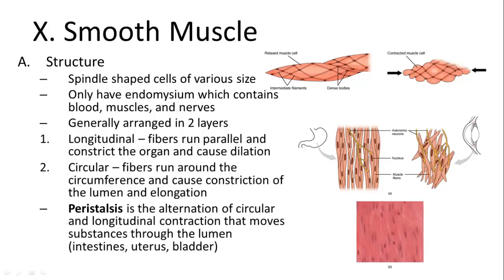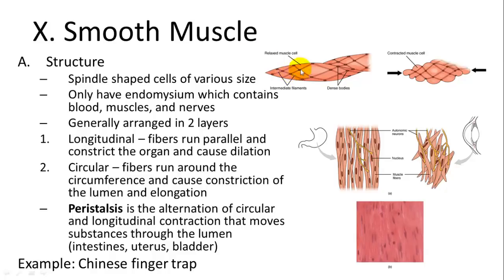The circular ones run around the circumference, and they cause constriction of the circular organ and make it smaller. Peristalsis then is the alternation between those 2, circular and longitudinal muscles, which then causes kind of a circle to go down the tube and push things out, kind of like how you would push toothpaste up from the bottom.